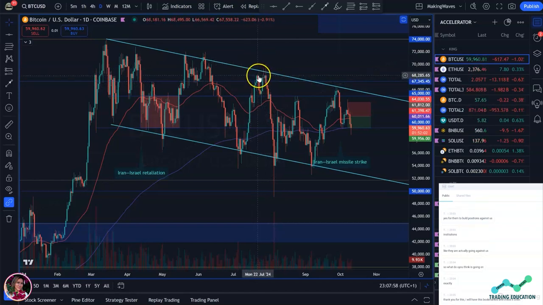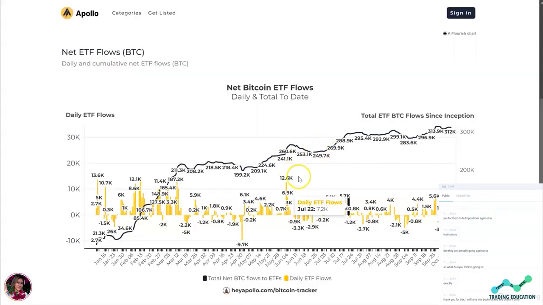High inflow day, and people think, oh, hey, high inflows, institutions are buying ETFs, price is going to go up from here. But actually, it makes a short-term peak and falls. Isn't that crazy? And then the last one we'll look at is this big, huge one. June 4th, huge spike, 12,600 ETF inflows.